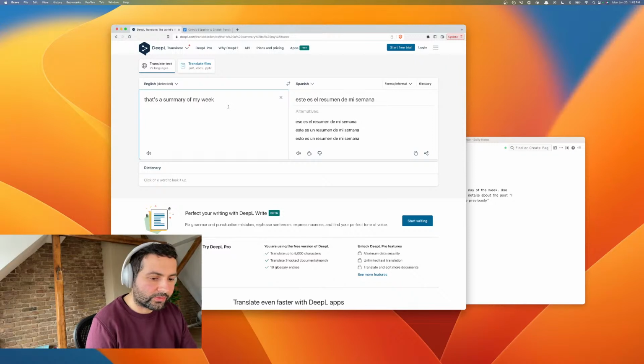Ahora mismo uno de mis objetivos es aprender español. Otro objetivo es enseñar a leer a mi hijo.